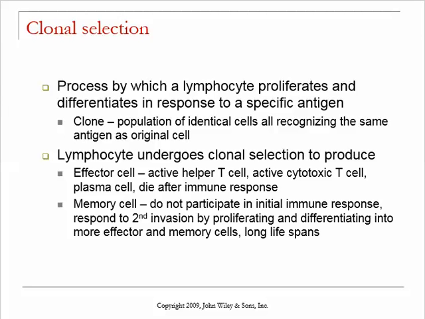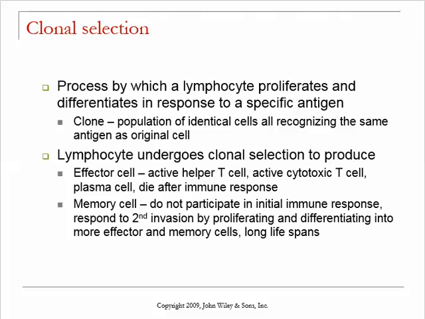Now, one of the first steps when we activate the specific immunity is that in reaction to being activated by an antigen, these lymphocytes, the B and T lymphocytes, proliferate. They basically clone themselves, and they make more copies of themselves with that particular specific receptor on it.